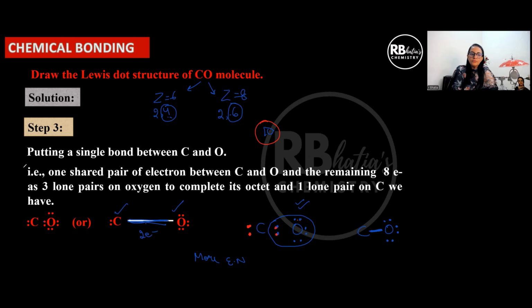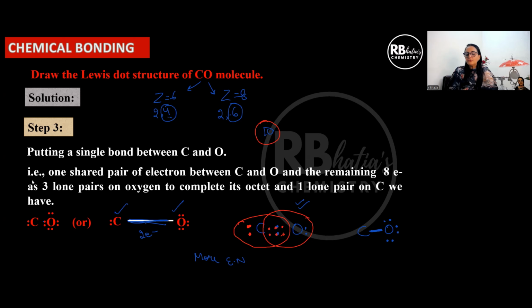So what are we going to do? We are going to request this oxygen to share its 2 electrons here to complete the octet of carbon as well. So what is the net outcome? This oxygen still has its octet complete. Oxygen has nothing to lose, but now even the carbon gets its octet complete.